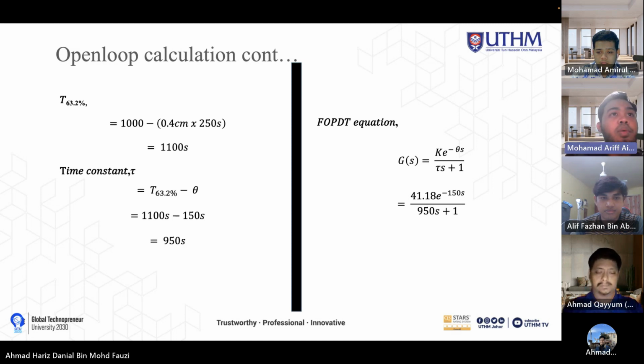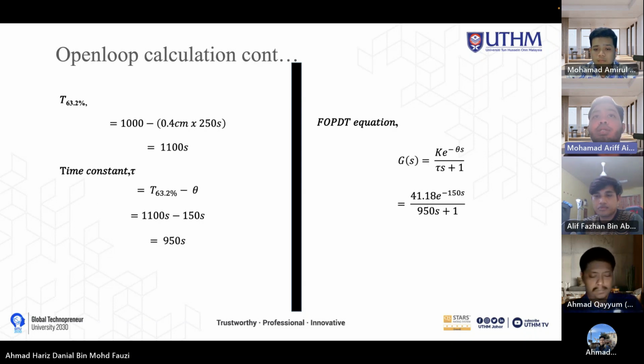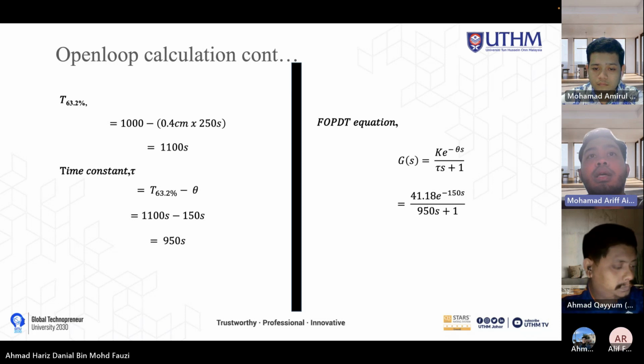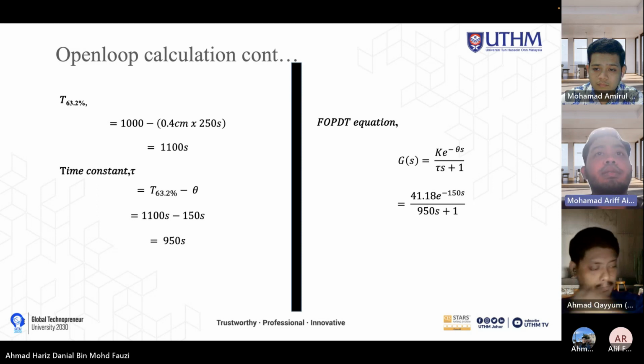Then from there we can obtain the time constant, which is tau. From the calculation, we obtain the value for tau equal to 950 seconds. Then from there, we need to insert into the equation. Then we obtain the FOPDT equation as the figure shows.